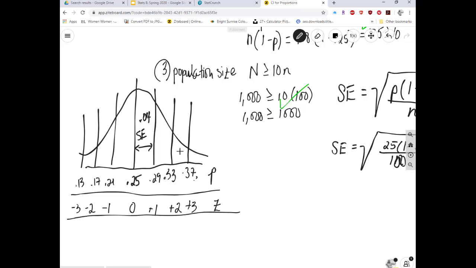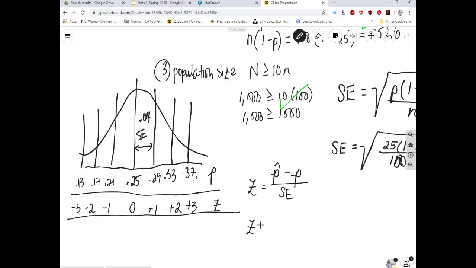And I want to know approximately what is the z-score that goes with this. Well, it looks like it's going to be 1, or very close, but remember we rounded. So I can just use my z-score formula that we used to use, and that is the probability that I'm interested in minus the population proportion, divided by the standard error.